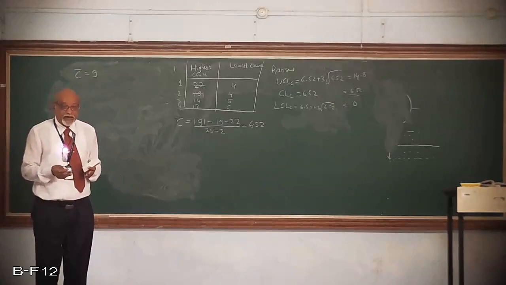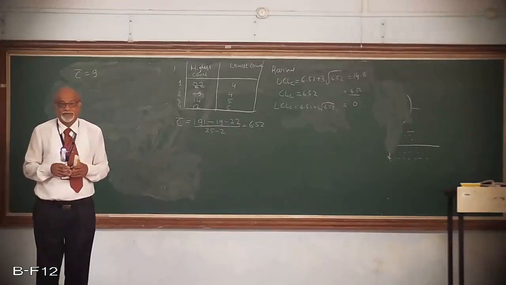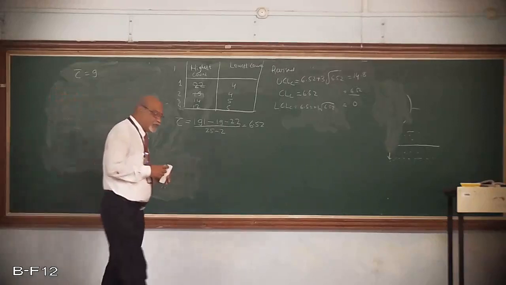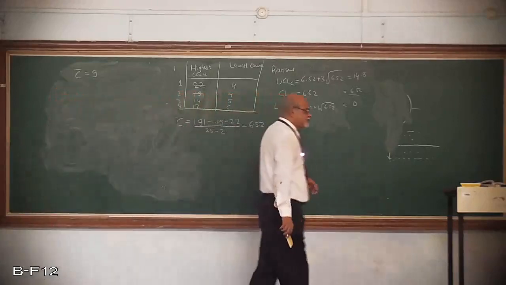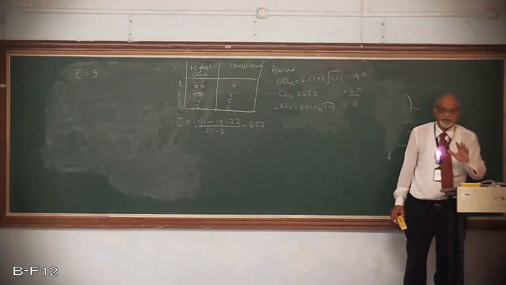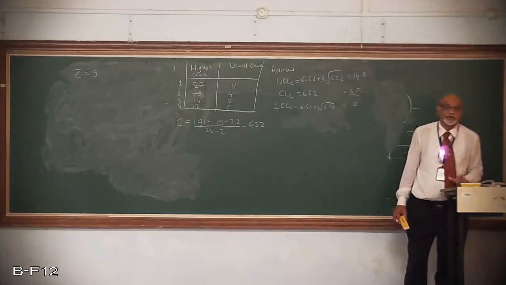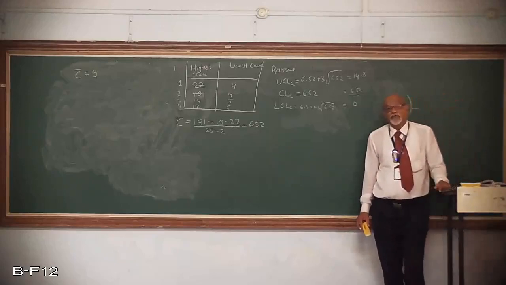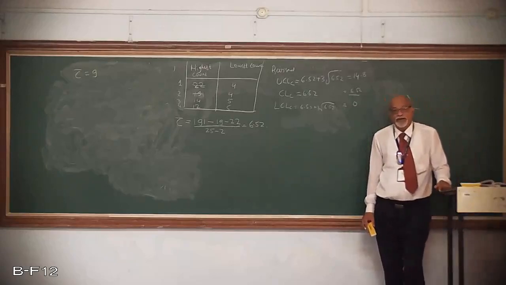Okay, let us see how it is to be found out. Now we need to decide which probability distribution we are going to use here. We are going to use Poisson's distribution, not normal distribution. Since it follows this C chart, it follows the Poisson distribution, we are going to use the Poisson's table, not the normal table.